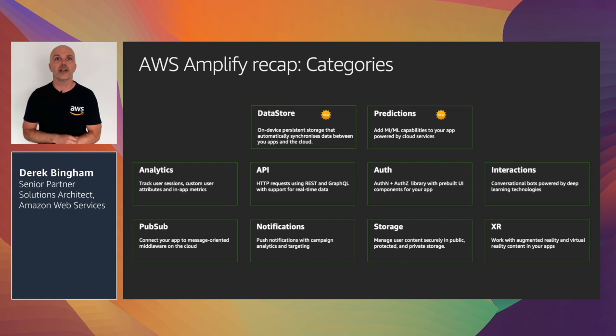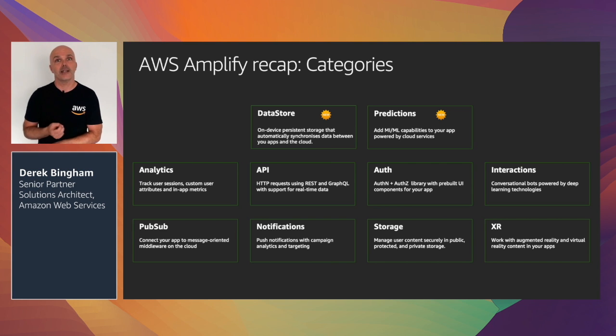Again, we're making it easier to get started developing serverless applications. Two of the newer categories I just mentioned at the top of that slide are DataStore and predictions. DataStore is our new category that we added at last year's re:Invent, and it enables a client-first programming model when thinking about storing data in our application.